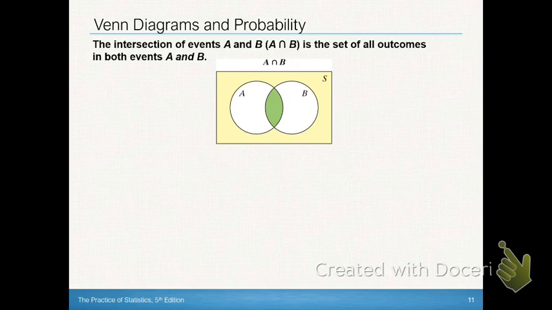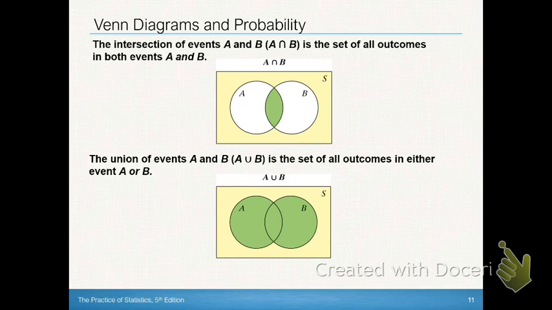It looks kind of like an upside down U. That notation means and, or intersection. Now if I want to do an or problem, so everything in group A or group B, including both, we would have this shaded green section, and we use a union symbol, which looks essentially like a U without any overlap there.